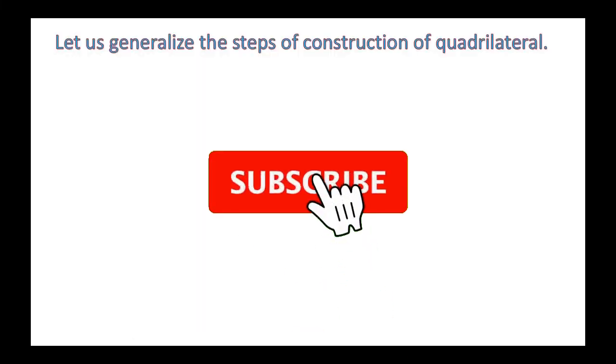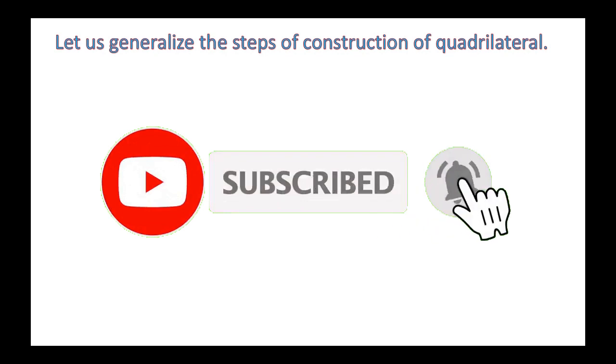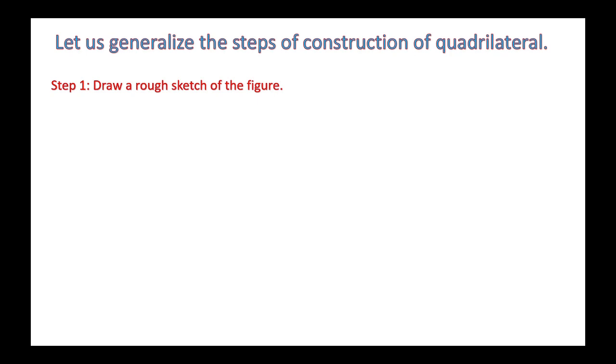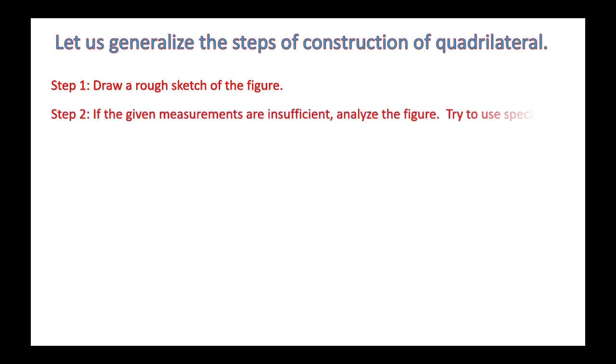Let us generalize the steps of construction of a quadrilateral. Step 1, draw a rough sketch of the figure. Step 2, if the given measurements are insufficient, analyze the figure. Try to use special properties of the figure to obtain the required measurements.